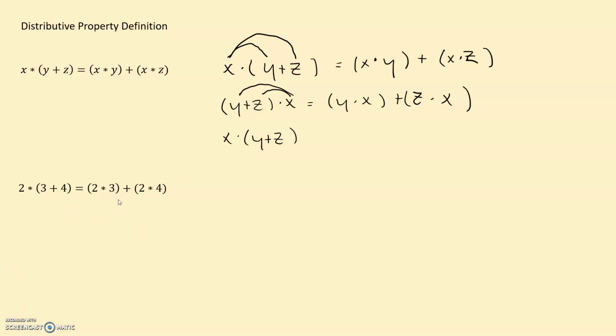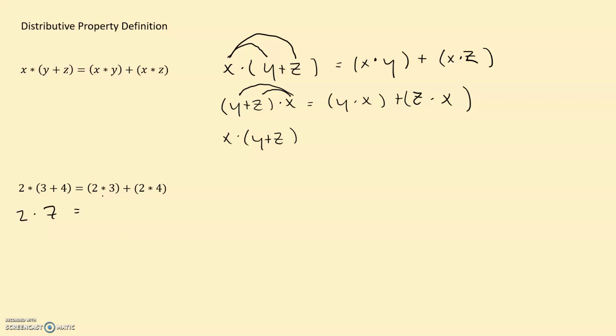So let's go ahead and look at this numerical example. Here we have 2 times 3 plus 4 in parentheses, and on the right side we've distributed it. Now we want to see if these are actually equal to each other. On the left side, I'm going to solve it by adding the 3 and the 4 first. So that would be 7, and then we would still be multiplying by 2.